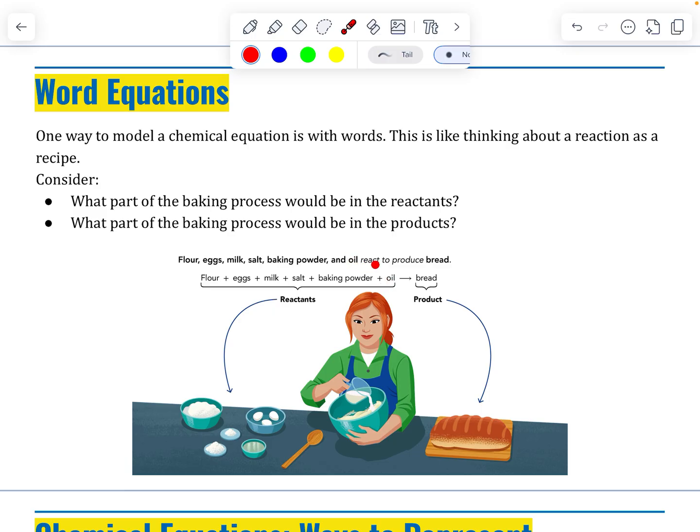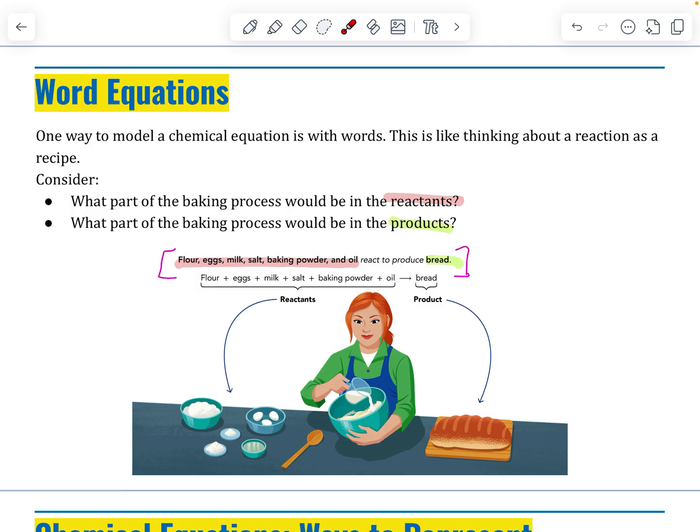And then they react to produce bread. That's going to be our product. What do we get out after baking? And so those initial ingredients are our reactants, and the products are what we get after that baking. And so this representation in words is one way that we can talk about equations.